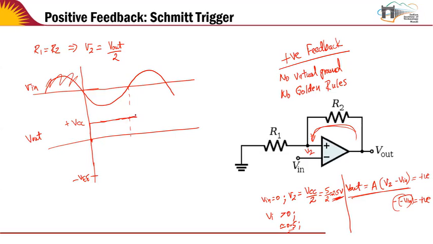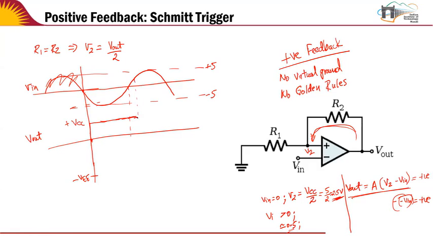When will the output change? We said that, let's say the input goes from plus 5 to minus 5 volts. Then if V2 is like VCC divided by 2, about 2.5 volts, if you want to cross this number, then the input has to cross 2.5 volts.